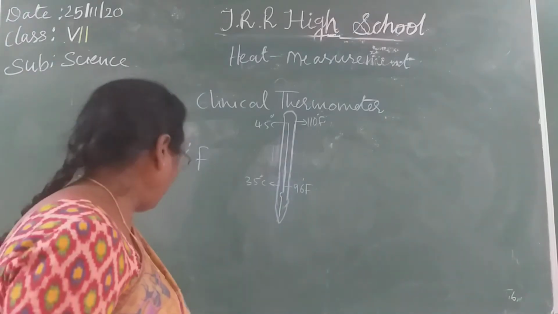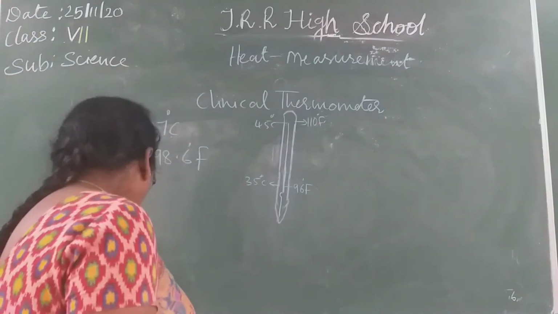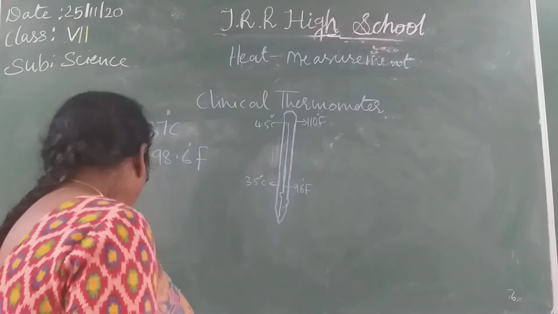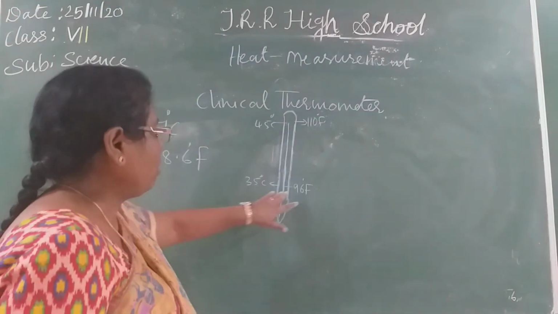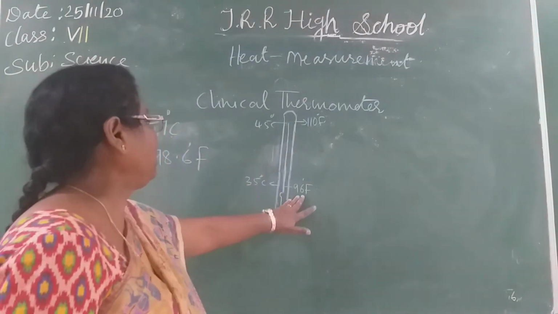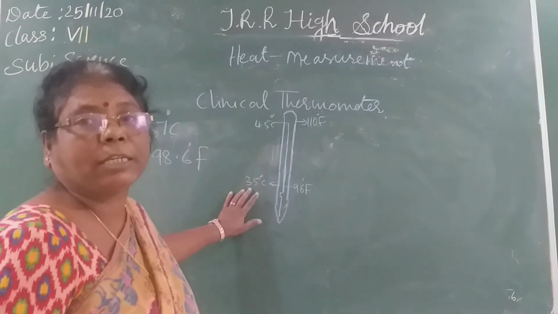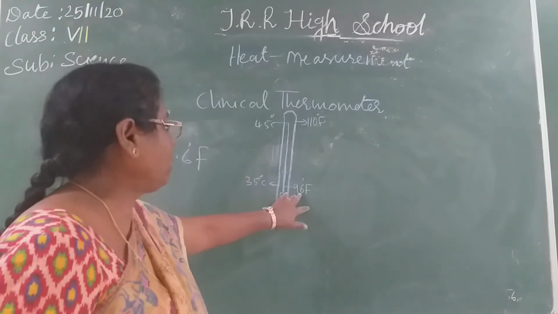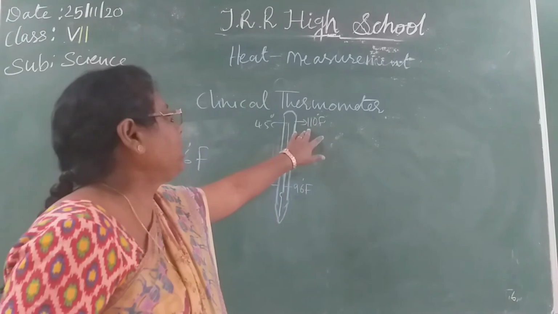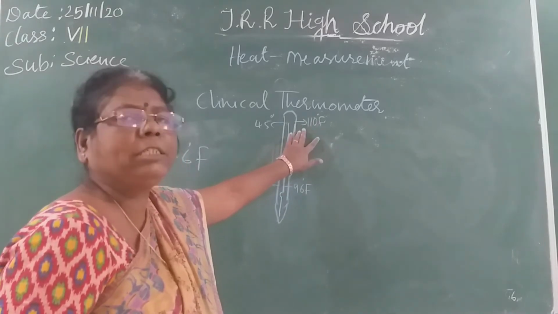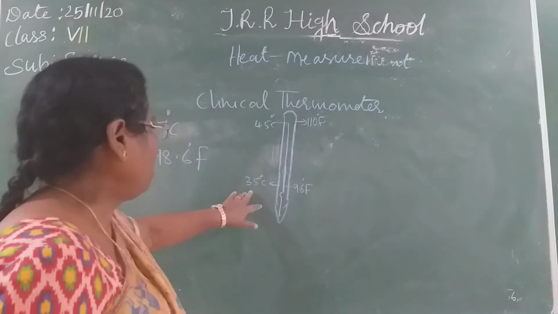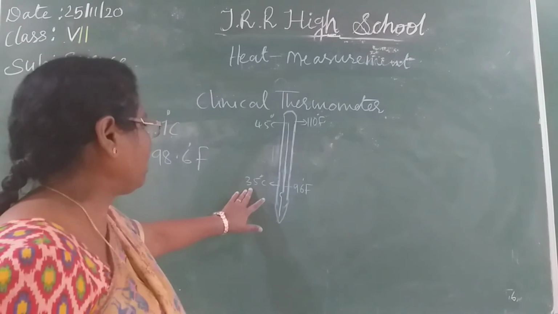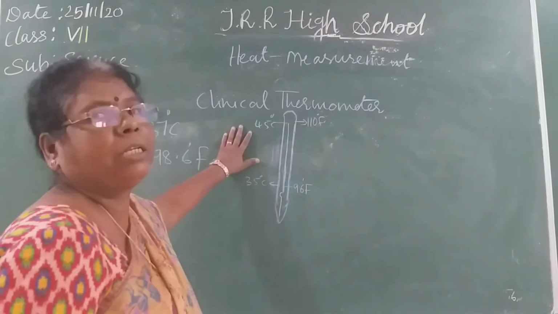Understood, children? So this clinical thermometer is used for measuring the body temperature. Here you are seeing the 2 scales, Fahrenheit scale and Celsius scale. The Fahrenheit scale goes from 96 degrees to 110 degrees Fahrenheit, and the Celsius scale goes from 35 degrees to 45 degrees Celsius.